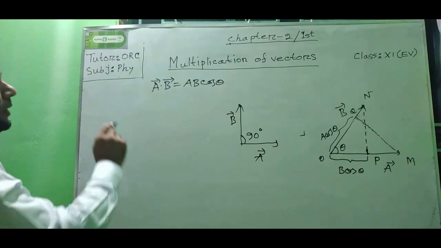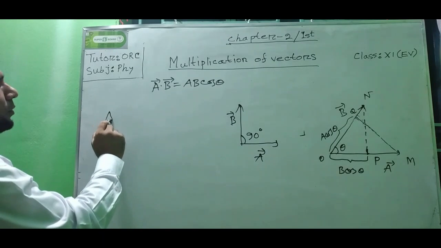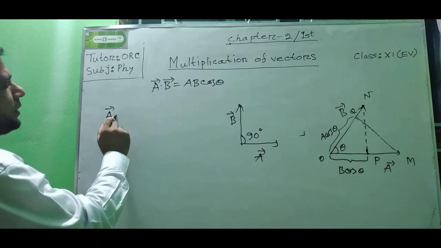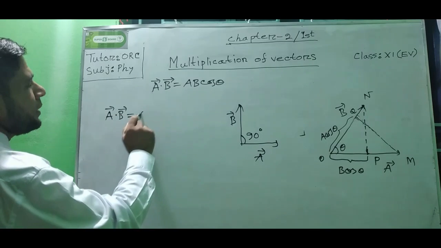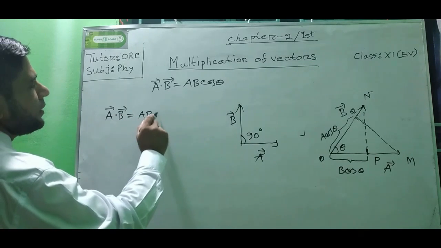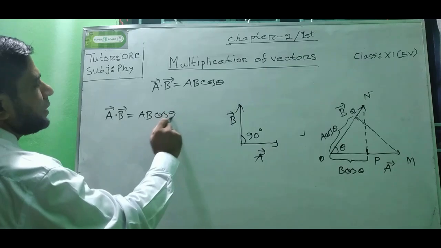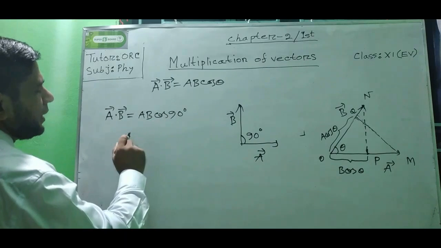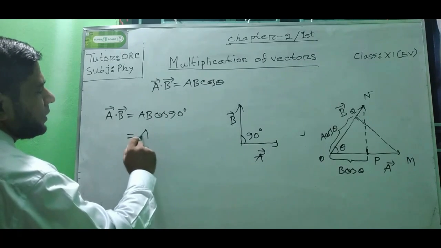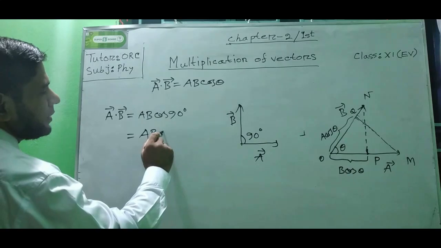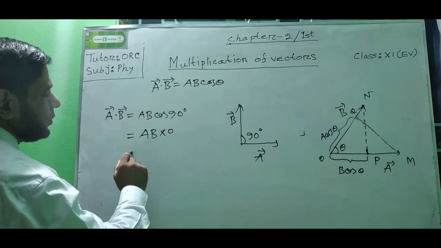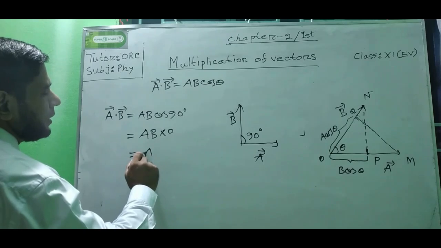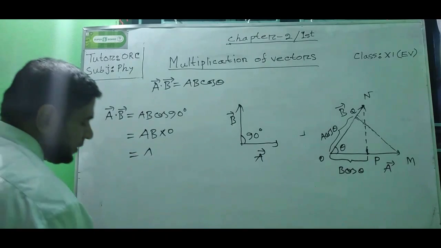So now if we multiply these two vectors, what will be the result? Vector A dot vector B, according to the information, AB cos 90 degrees, and we know the value of cos 90 degrees is 0. So the result must be 0 here.